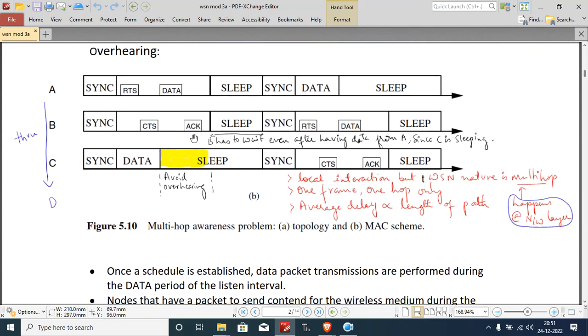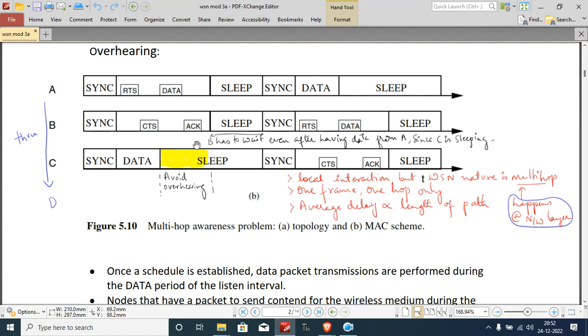Now over here, the drawback with SMAC is that you can see the data is already with node B, and it confirms that data has successfully reached it through an acknowledgement packet to node A. Right after getting the entire data, it could start communication with node C, but node B has to wait over this entire sleep interval because of synchronization.